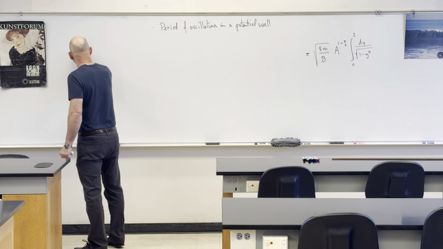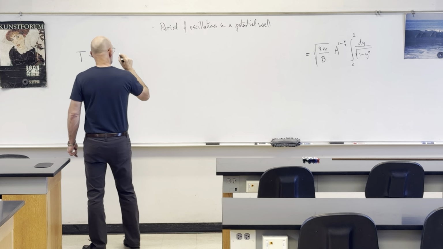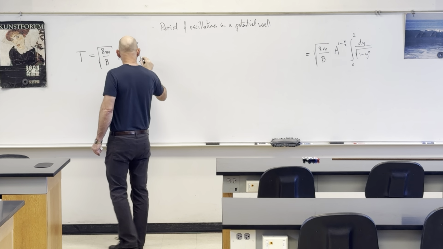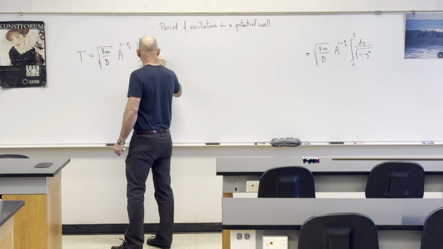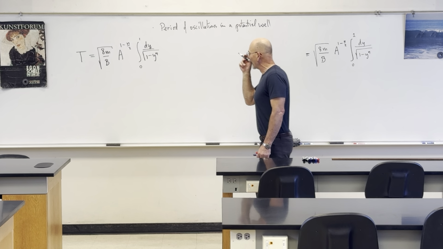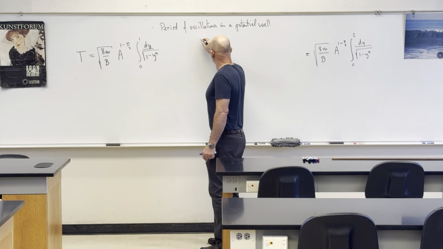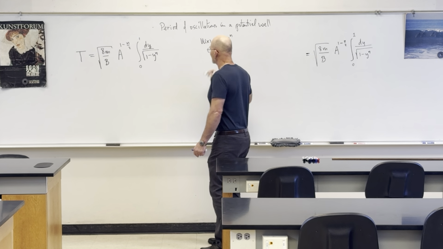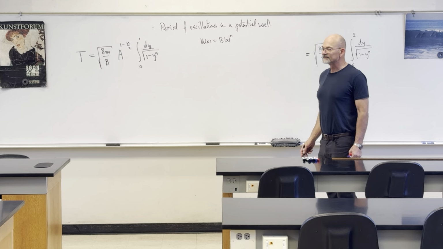Here's our period of oscillations: 8m over this constant b, amplitude to the (1 minus n) divided by 2, integral 0 to 1 dy, root of 1 minus y to the n. And the potential well was, of course, U of x equals b times x to that power.